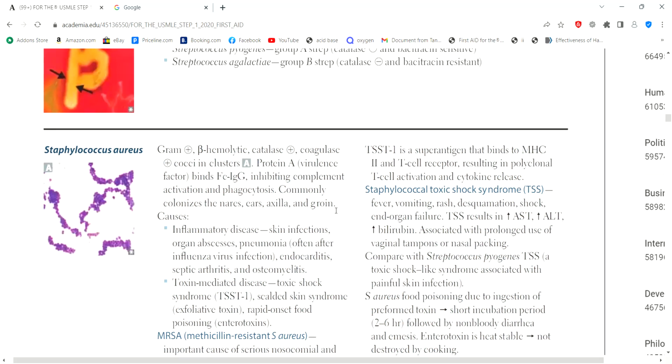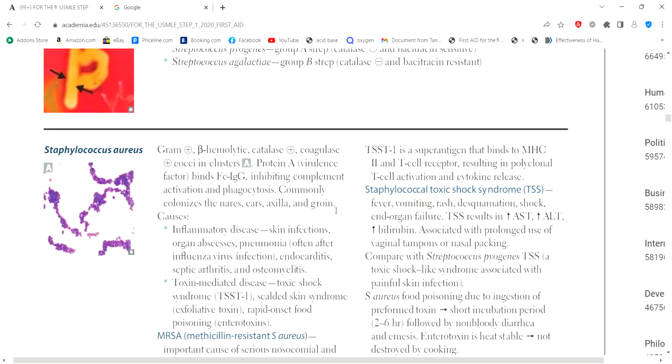Catalase positive. What is catalase? Here's what catalase positive means. Staph aureus will break down hydrogen peroxide, so Staph aureus is catalase positive.